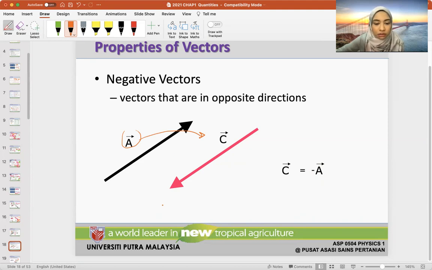C goes over here, and A goes over here. Minus indicates that it is going the other way. So now if I draw my minus A, it would be the same as C. So they are equal. So minus A vector is equal to C. Only when they are parallel, boleh. Kalau tak parallel, tak boleh.